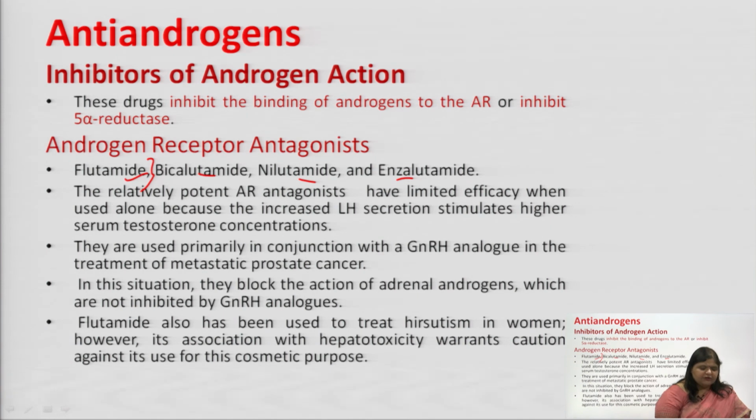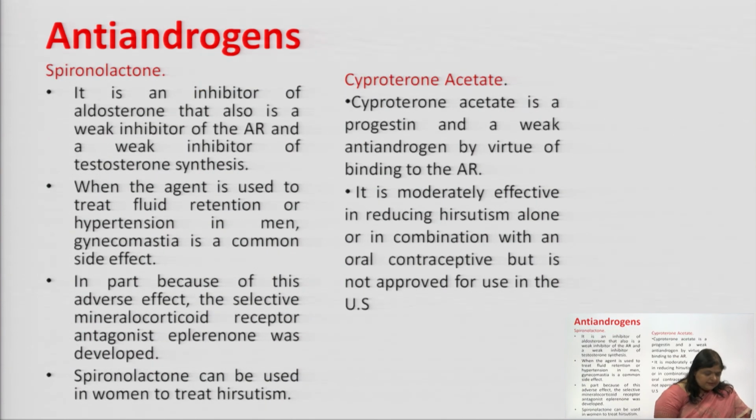So they block the action of adrenal androgens which are not inhibited by the gonadotropin releasing hormone. Then there are certain anti-androgens like spironolactone, which is an inhibitor of aldosterone and also a weak inhibitor of androgenic receptor. They are also used as anti-androgens.